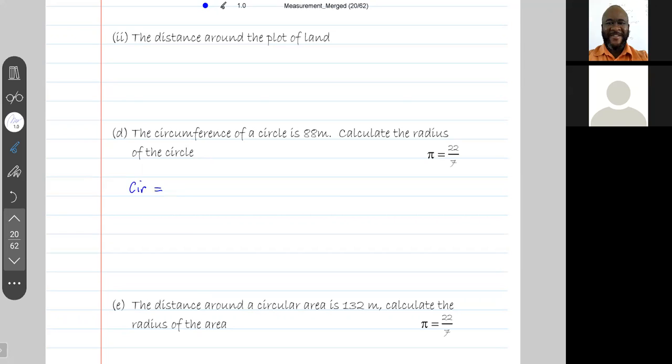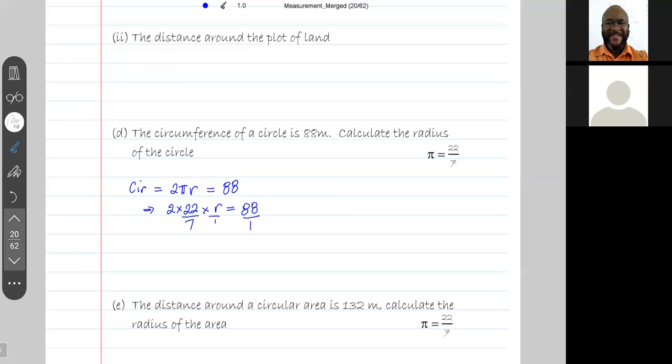So here for D, we're told that the circumference, which is 2 pi r, is equal to 88. And we're asked to calculate the radius. So let's put in the fact that this is 2 times pi, which is 22 over 7, times the radius, which I don't know, and this is equal to 88.